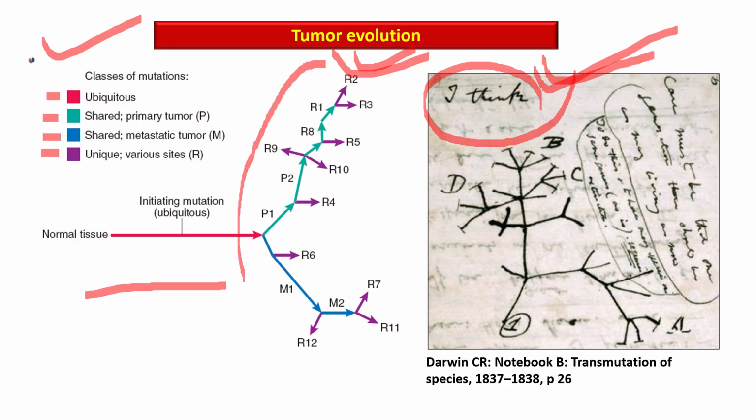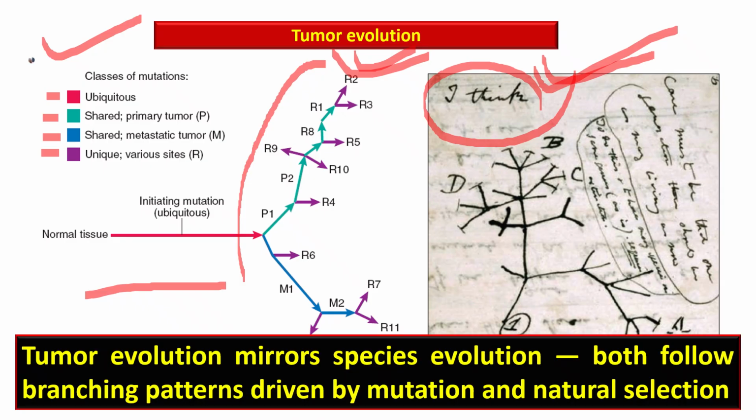Just as species diverge from a common ancestor, tumor subclones diverge from a founding cancer cell. This analogy emphasizes how Darwinian evolution happens not only in nature but also within tumors, rapidly and adaptively. So the summary is that tumor evolution mirrors species evolution, both following branching patterns driven by mutation and natural selection.